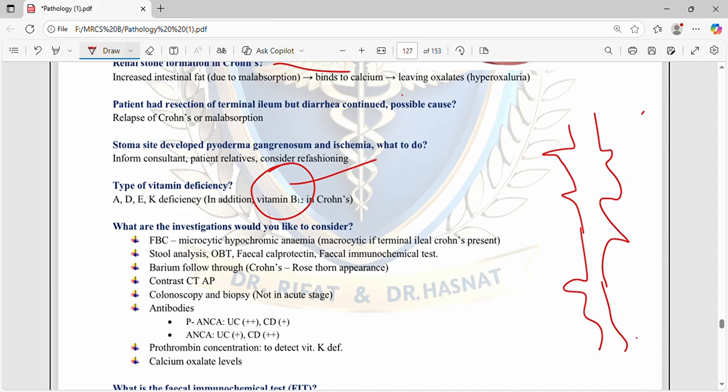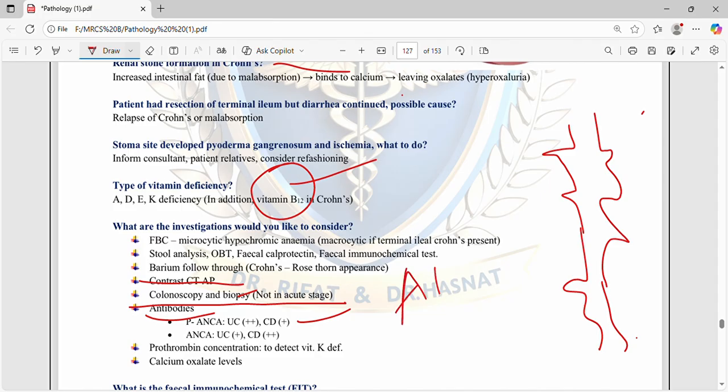And very important: contrast CT abdomen and pelvis, colonoscopy, and biopsy, to give the stage. And antibodies: P-ANCA will be more related to UC, and A-ANCA will be more related to Crohn's disease.